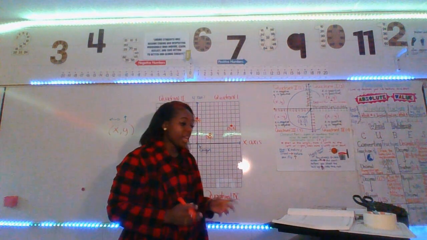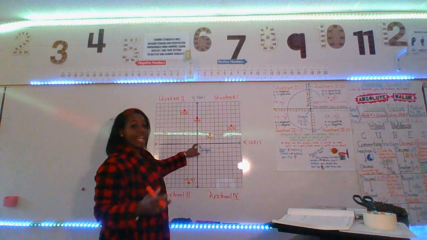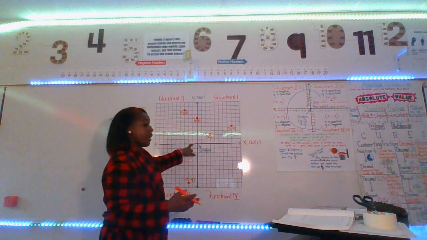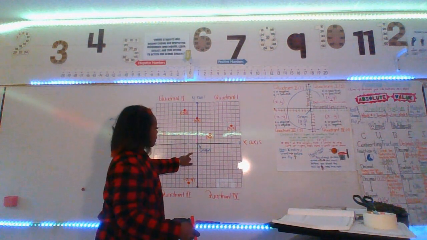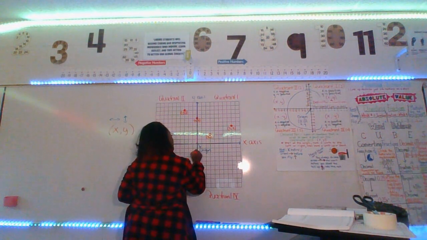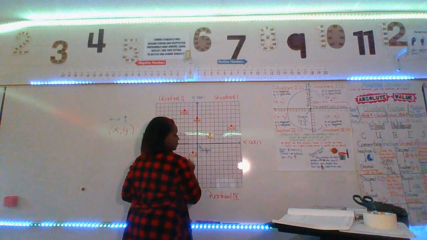All right. Then the next one, we do the same thing each time. Start at the origin. It says negative 1, negative 2. I go to negative 1. Negative 2 is below 0, so I'm going to go 1, 2 below. I'm going to put a dot, and I'm going to say negative 1, negative 2.